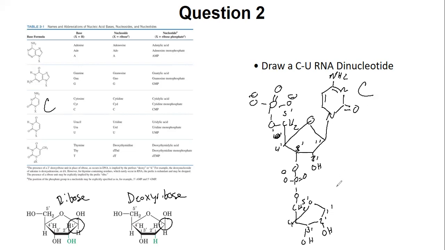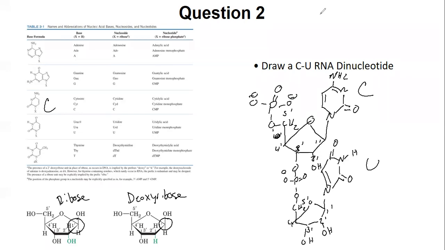Now my uracil, nitrogen, double bond O, nitrogen, H, double bond O, double bond. So that is my U, and that is a very poor drawing of an RNA dinucleotide.